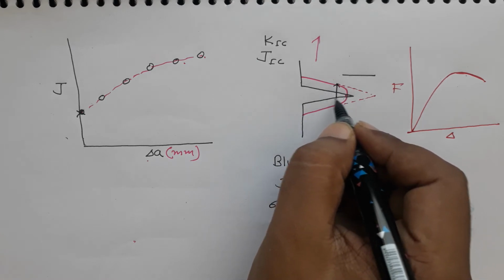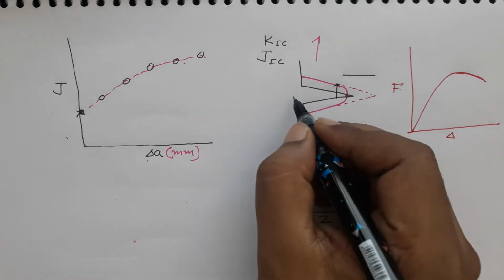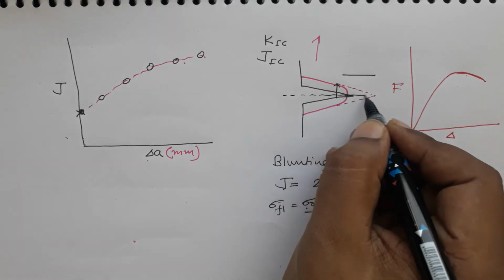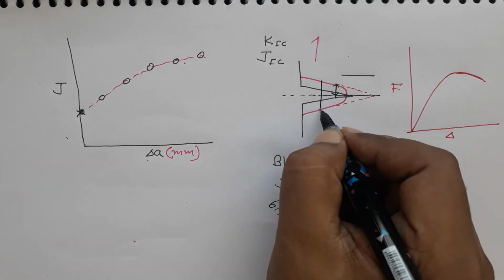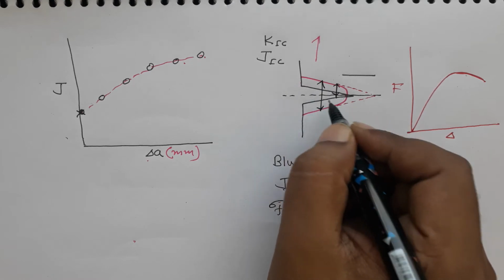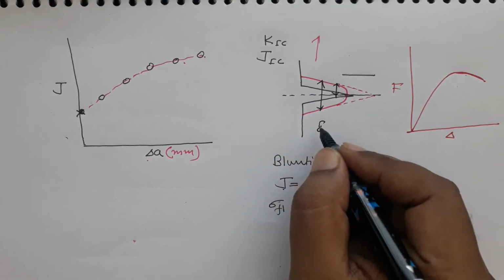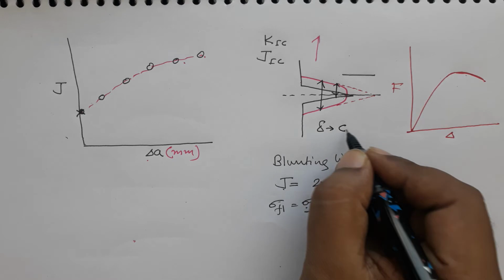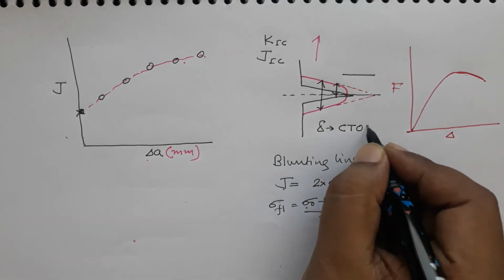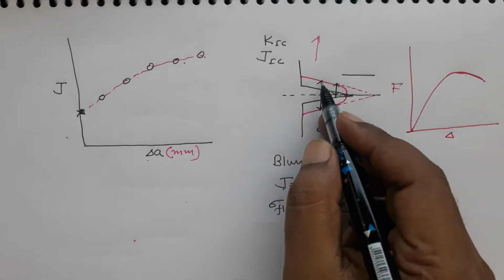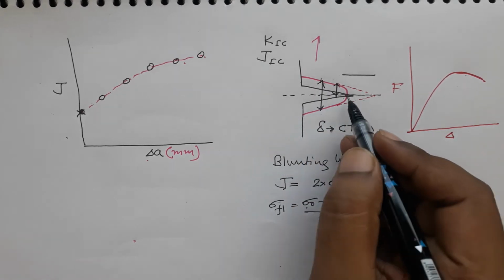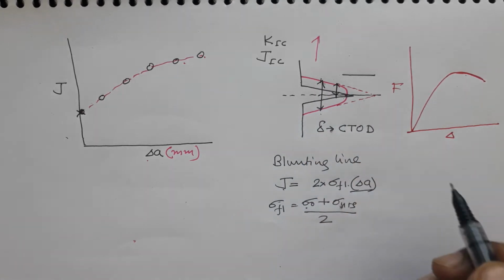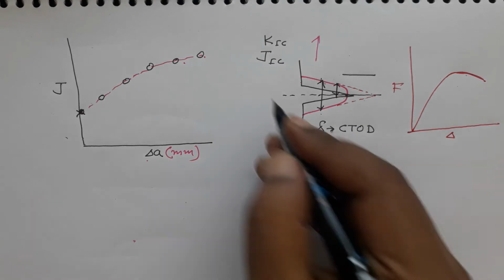This is half of crack tip opening. Sorry, I have to draw a middle line, and then the total distance is called and denoted as delta, the crack tip opening displacement, this distance. Okay? Half of that, it is assumed in this case, is equal to the crack extension.